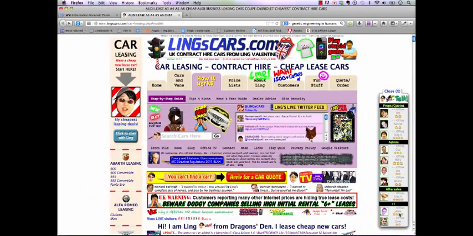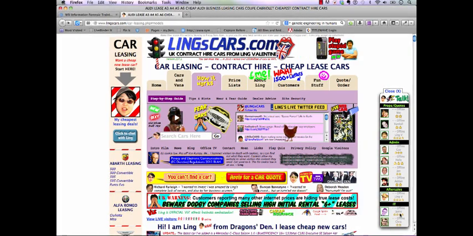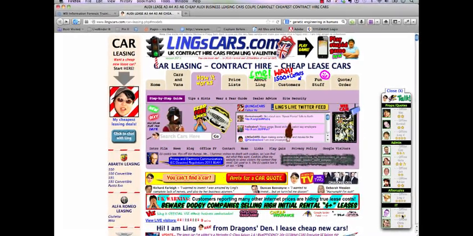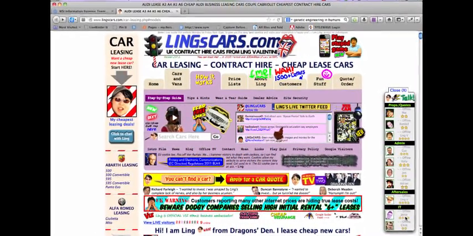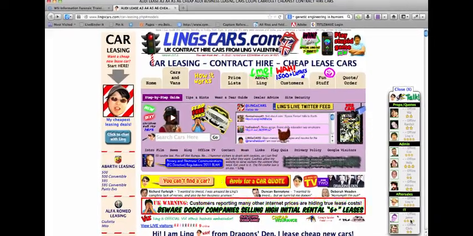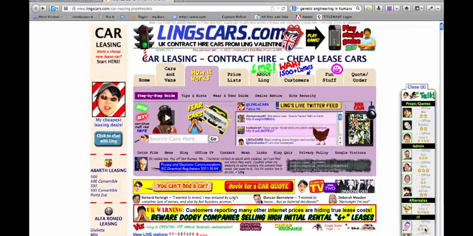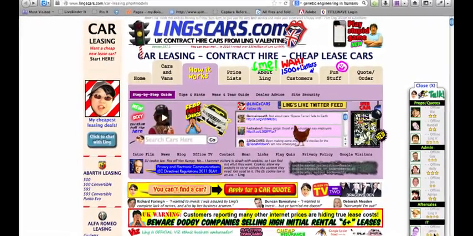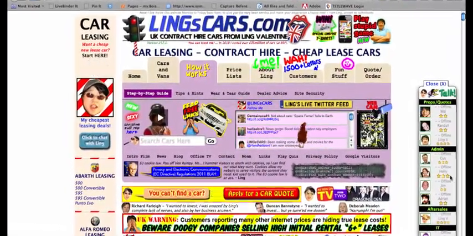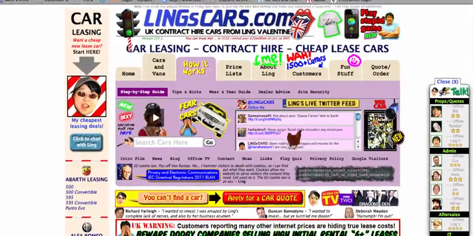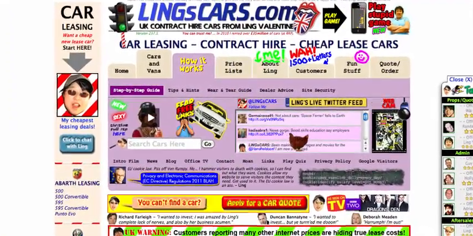Okay, one last site here to consider design. You can see that this is a very, very busy site. There are many moving objects that definitely are not necessary to the information. This is lingscars.com, and it's located in the United Kingdom, and it talks about cars that you can rent and drive yourself or cars that you can hire.